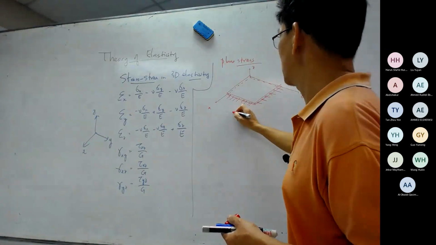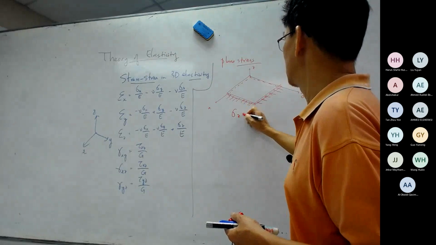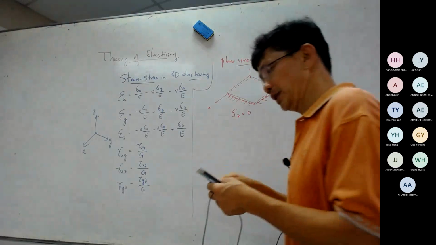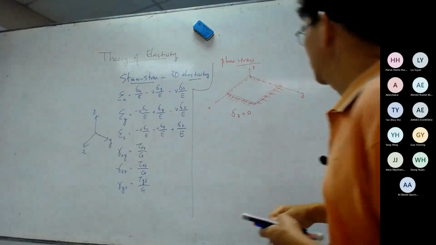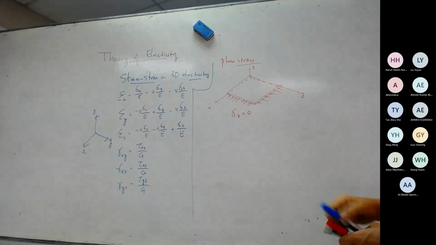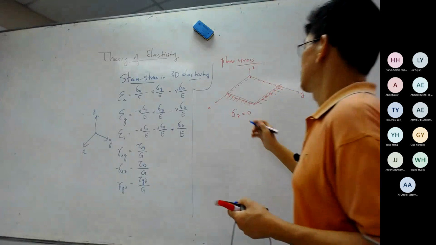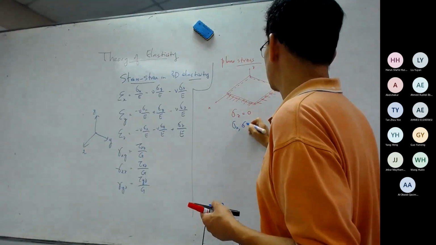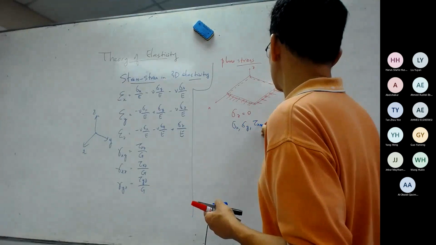The plane stress problem is sigma z equal 0. Okay. Sigma z equal to 0. This is the characteristic of plane stress problem. And because of the geometry and the loading, the only non-zero stresses that we are interested in will be these three.